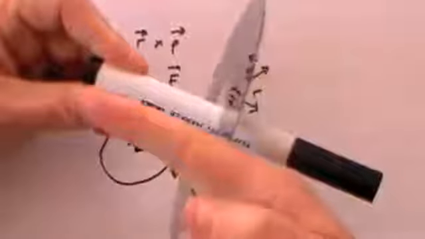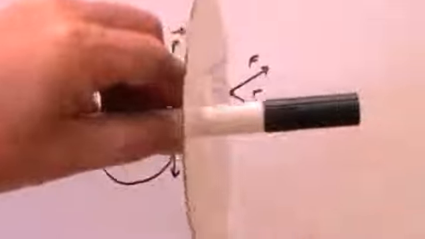But if I spin this clockwise, then the torque and the angular momentum will go along the axis in that direction. If I spin it clockwise, it's going, as it were, into the paper. On the other hand, if I spin it anti-clockwise, the torque comes out of the paper along this axis here.